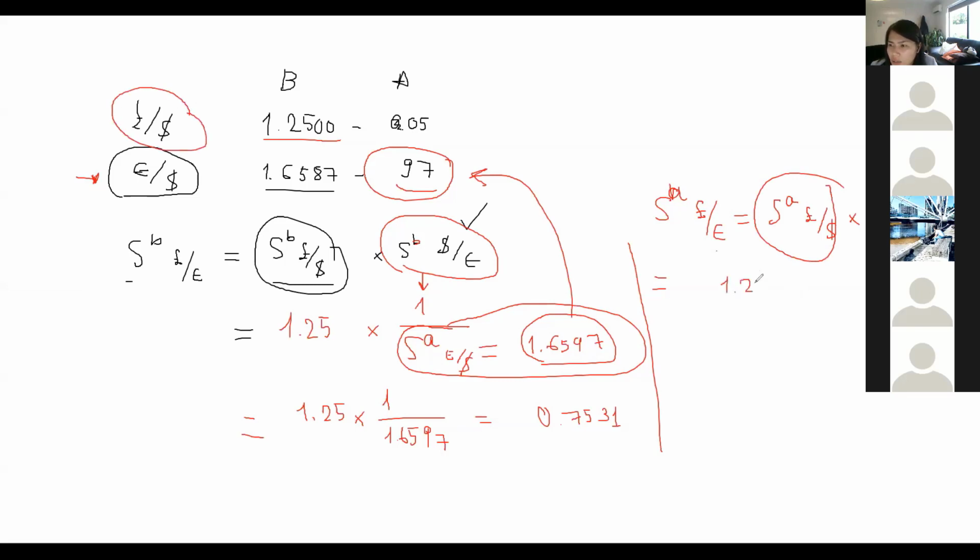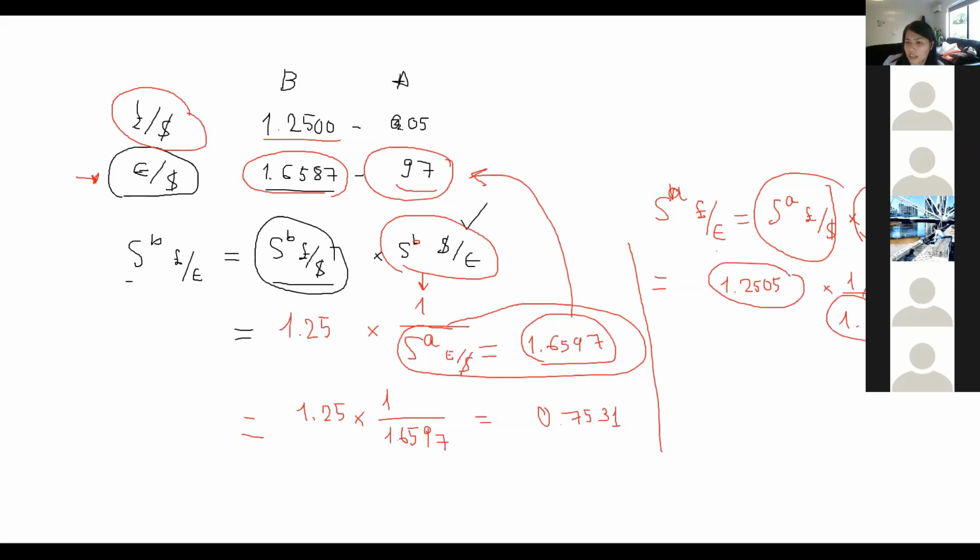So 1.2505. And where do I get this? It's 1.65. So I'm going to take the reciprocal of 1.6587. So it's similar to the exercise that we did before. The only thing is we changed the ask rates for our calculation.